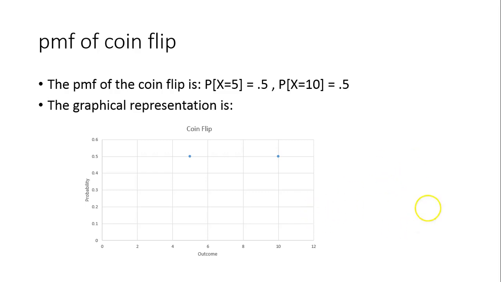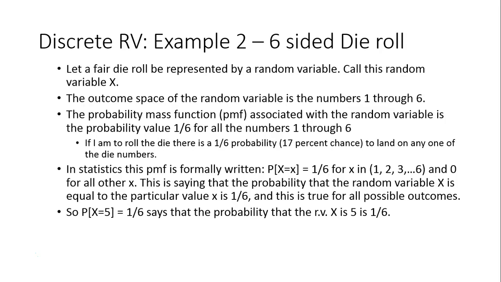On the x-axis, you put 5, with 0.5 representing the 0.5 probability of landing on heads, the number 5. And 10 is represented by tails, again with 0.5 probability of landing on tails. So this is the coin flip.